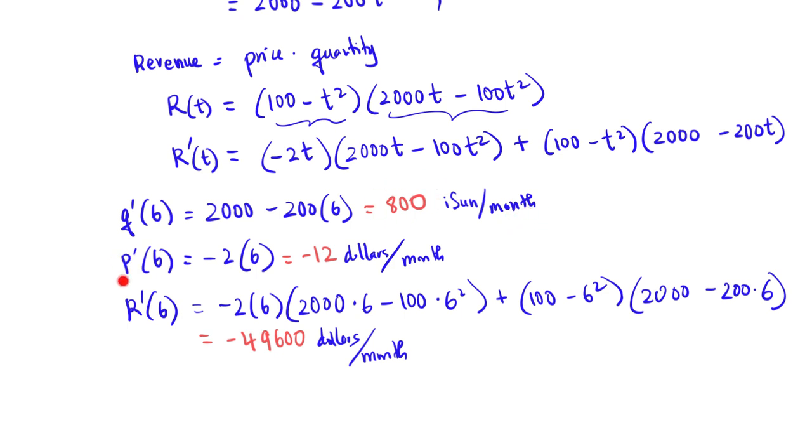For the rate of change of the price, 6 months after the introduction of ISON, the price goes down or decreases by $12 per month. And for the rate of change of the revenue, 6 months after the introduction of ISON, the revenue decreases by $49,600 per month.